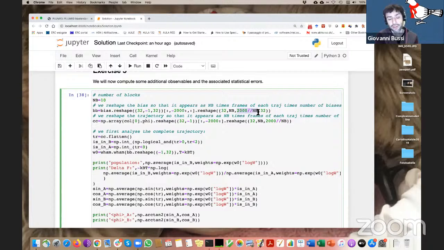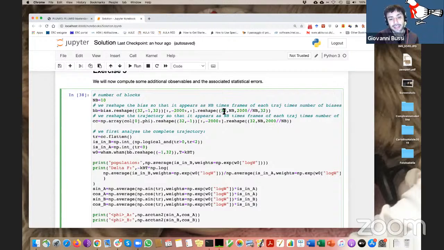Remember in which order this array was stored. The last index is the index of which bias potential was used to generate this value, and the previous index was the index of the frame in my concatenated trajectory. Now this index of the frame will be redistributed across 3 indexes.